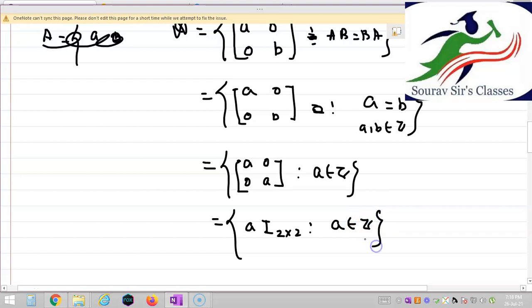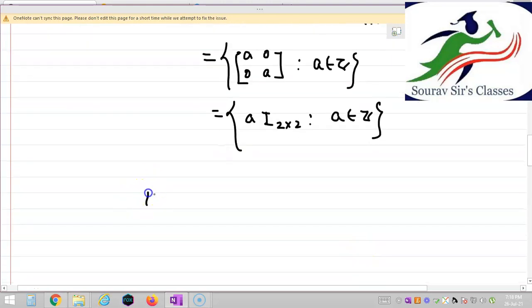So the cardinality of this script A is equal to the cardinality of this set, and the cardinality of this set is equal to the cardinality of Z, which is aleph naught, and hence I can say countable.